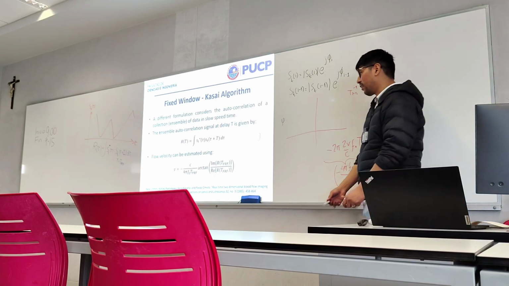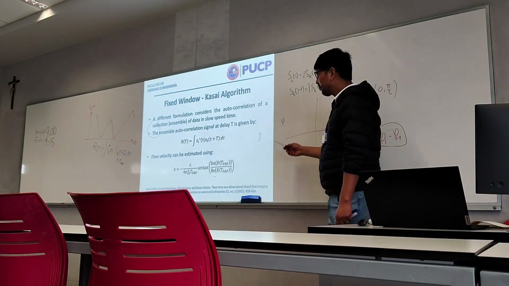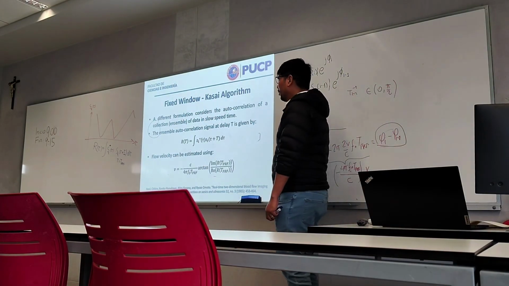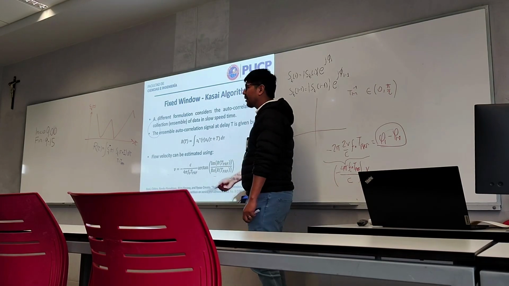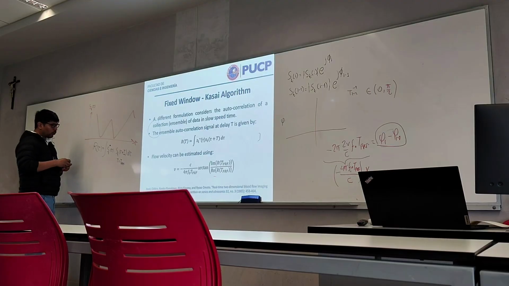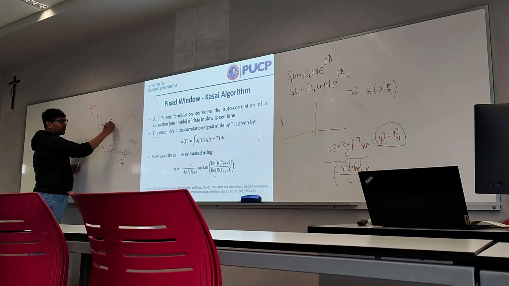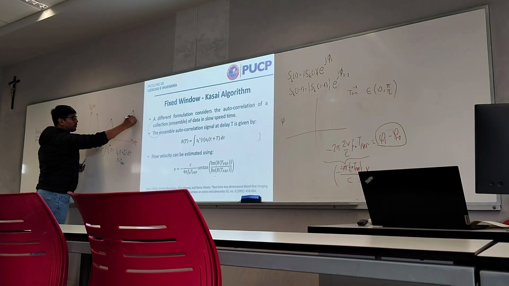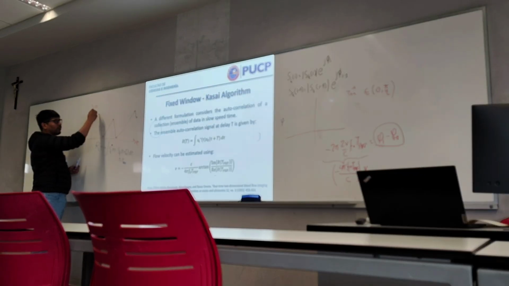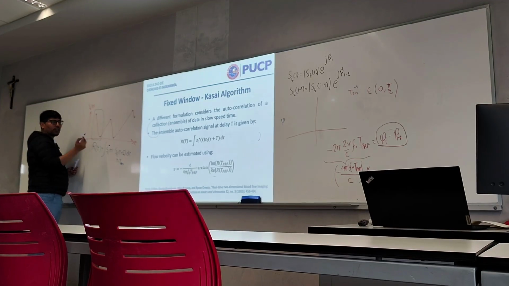The Kasai algorithm, the Kasai paper, is a technique used. So what is the good thing of this? In one operation of the autocorrelation, you are using all the samples in the slow time. Before, we needed to calculate pulse 2 minus pulse 1, and with those two calculate one estimate.